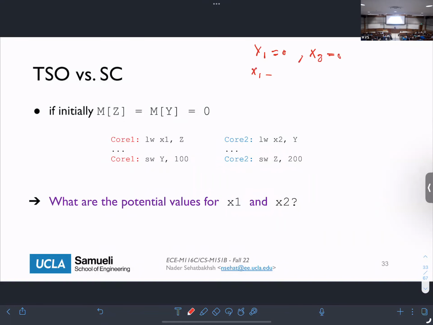We had x1 equal to 200 and x2 equal to 0. We had the other way around. And we had a scenario in which this one was 100 and this one was 200. So tell me, which one of these is not possible under sequential consistency? Any suggestion? The first one. Why?